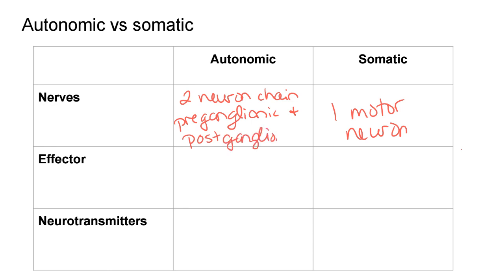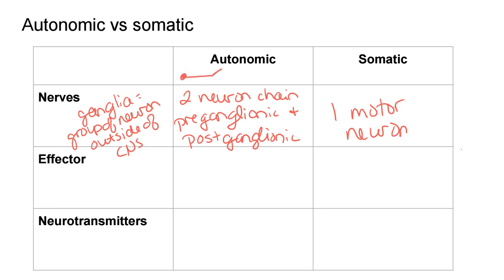A quick reminder on that: remember, a ganglia from our last video is a group of neuron cell bodies outside of the CNS. So basically what will happen is it will have a neuron, and then a second neuron that will then go to the effector. And this right here will be my ganglia.